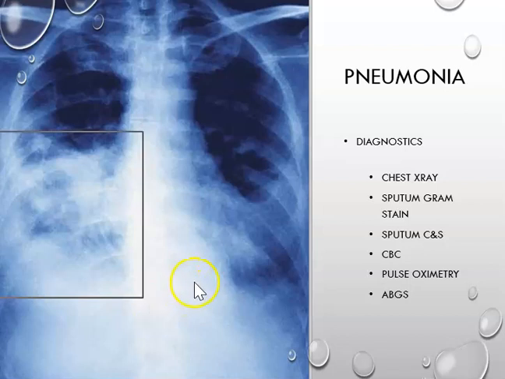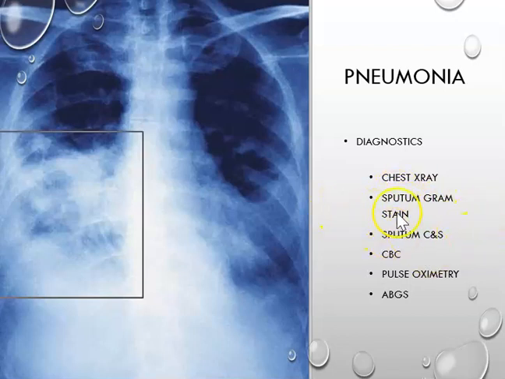So diagnostics, they're going to be doing a chest x-ray, and we see this person has pretty diffuse pneumonia in the right lower lobe. A sputum for gram stain. A lot of times these can be really hard to get. You'll see the order was taken like 4 or 5 days ago, but every single time your patient coughs, they cough into a tissue. Well, you can't collect that. They have to cough directly into the sputum catcher.